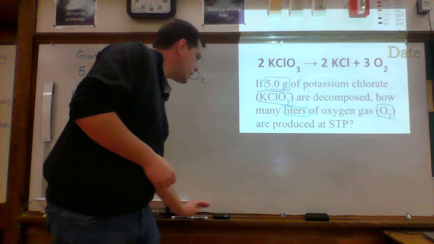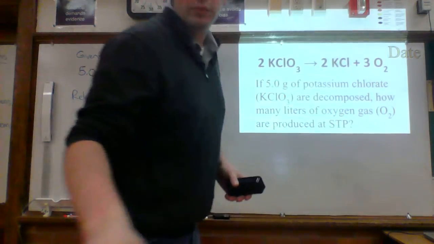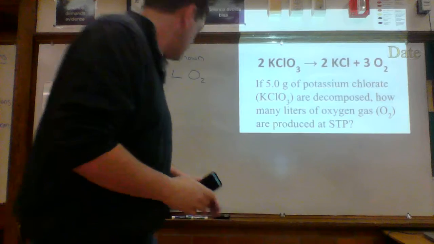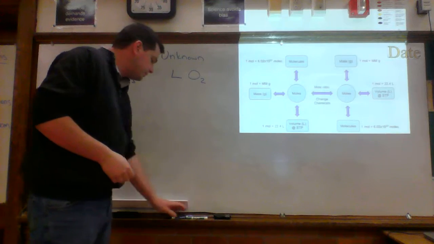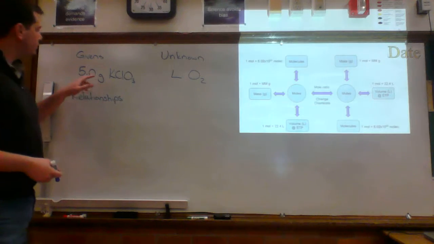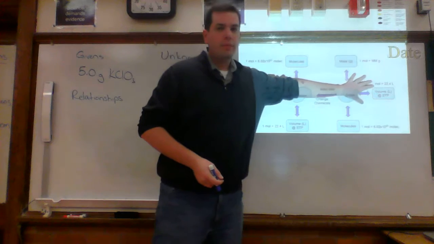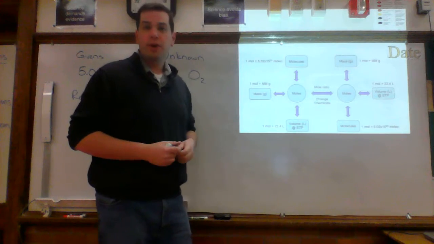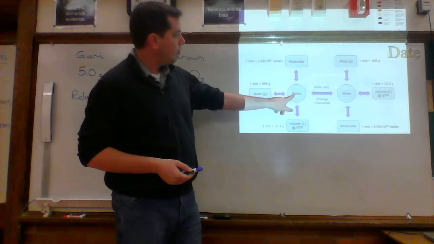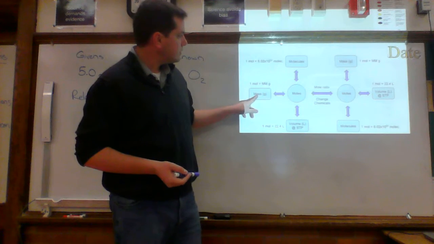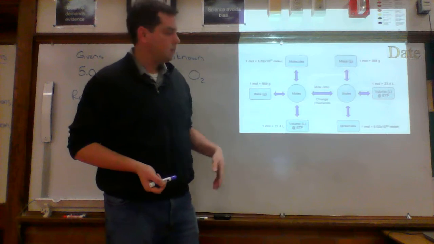All right, now let's examine what our strategies are going to be here. I'm going to move that forward real quick. Oh, there we go. Wonders of technology. Here's my mole diagram. If I'm starting off with 5.0 grams, this mole diagram has been expanded from what you might be used to. Here's the part that you already know and love. Moles, mass, molecules, and volume is now, I just moved it down.